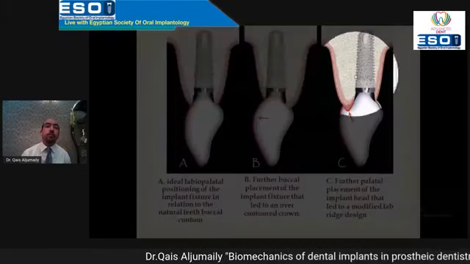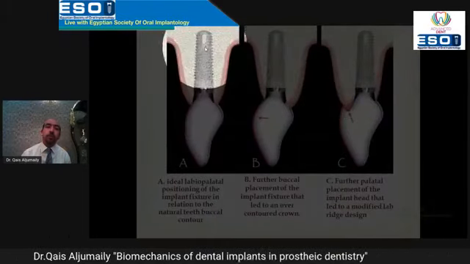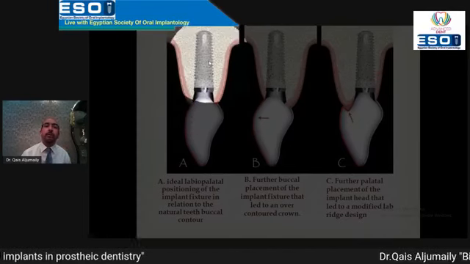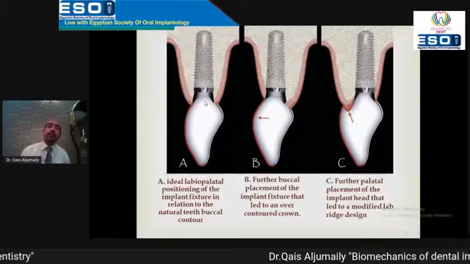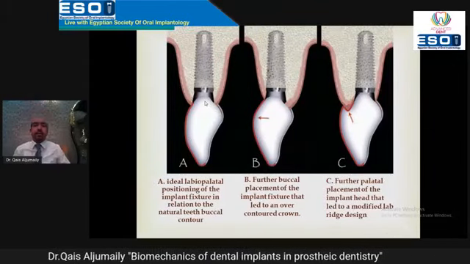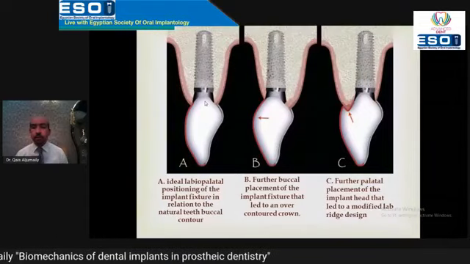So we have to evaluate the case and make a very good treatment plan about where to drill and where to put my fixture, because it harmfully affects our prosthesis in the future.